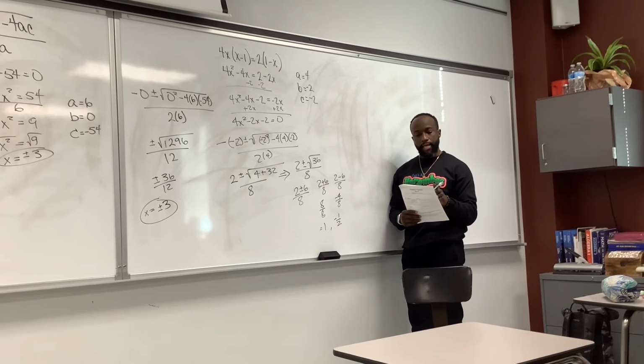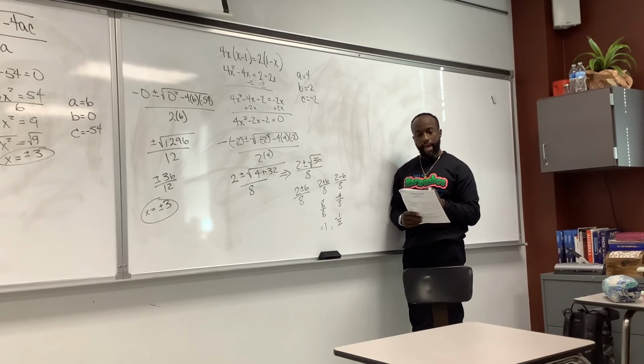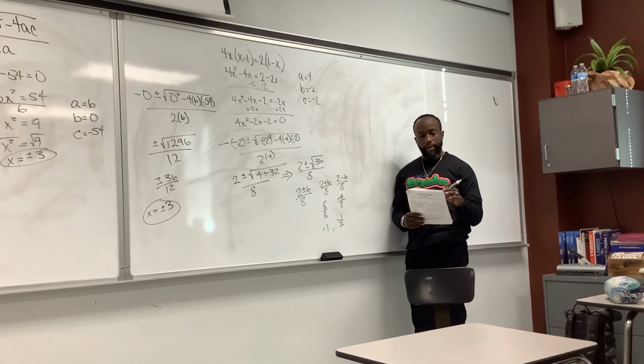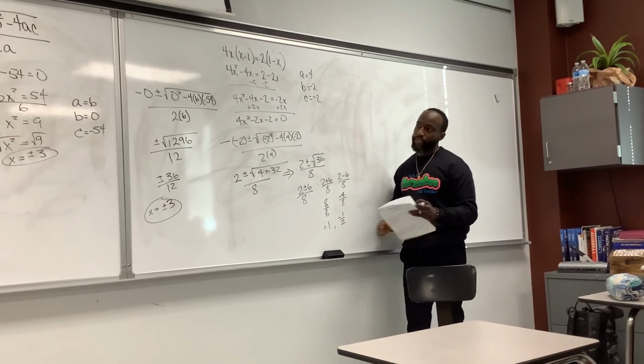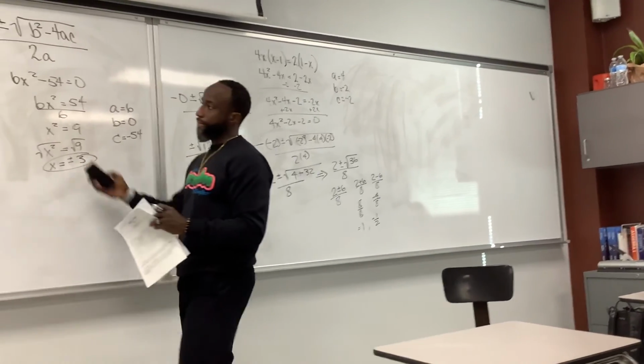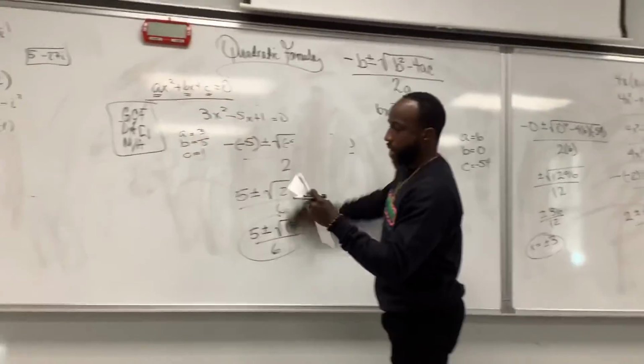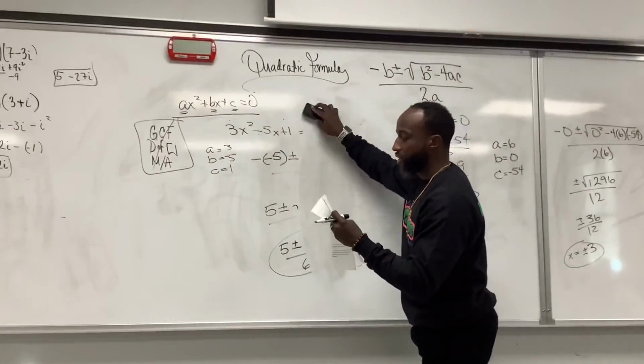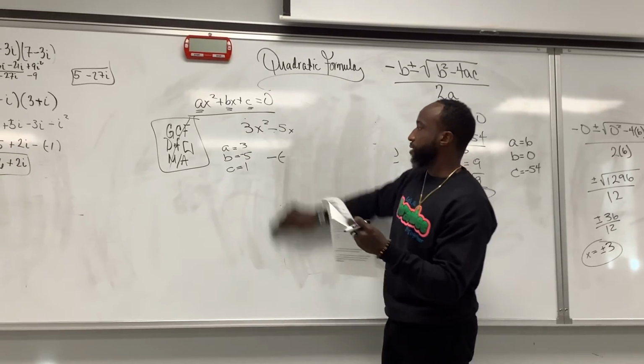So let us slide over to the back. I want to make sure I cover everything for you in this video. Alright, we're gonna come back over here. It says find the zeros of the quadratic function.